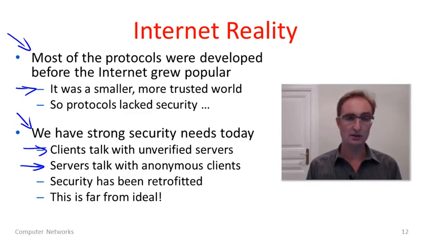And to deal with all of the various problems that would arise, security has been retrofitted into all of these protocols. They're much stronger than they used to be, but retrofitting security is not ideal from a security point at all. It's much better to design security as part and parcel of the scheme. Just as an example, we often want compatibility too. So many protocols will downgrade to the earlier version.